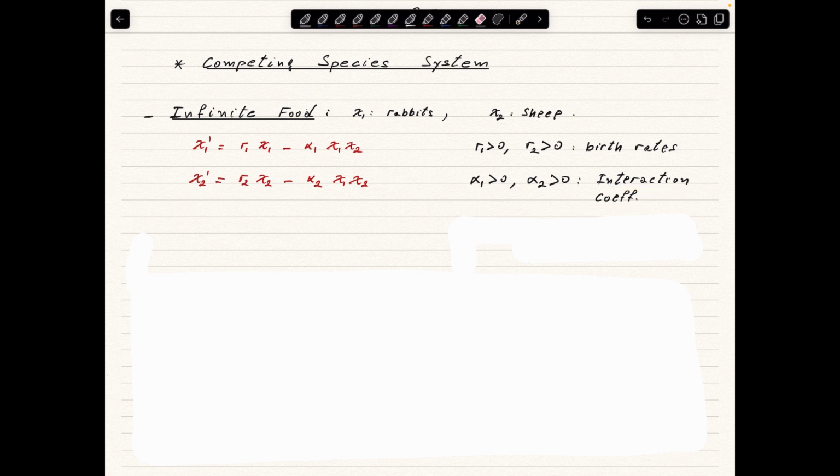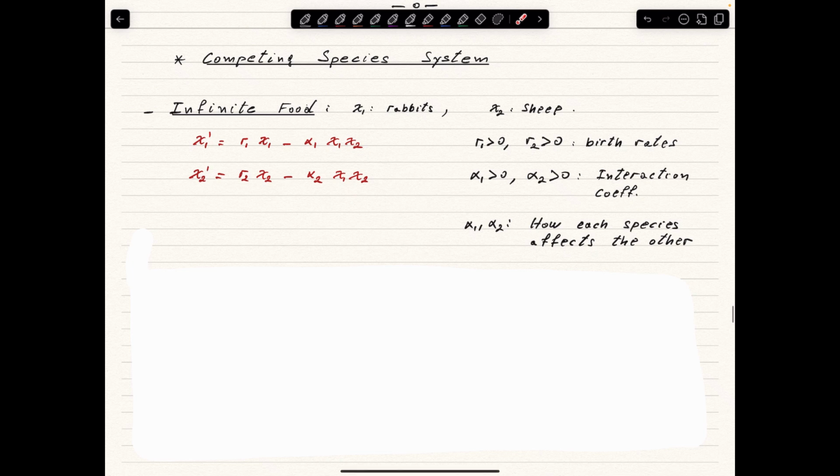And these coefficients alpha quantify how each species affects the other species. And these are these terms here. The result of the competition is to slow down the rate of change of the other species. We used already the linearization analysis on this system in a previous video, and this is the conclusion we obtained.